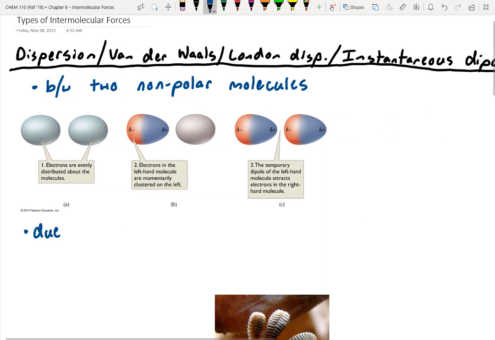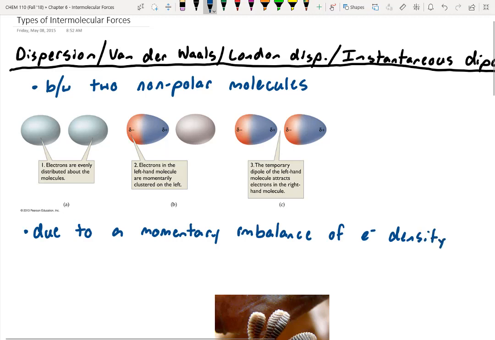It's due to a momentary imbalance of electron density. Typically, this interaction is thought of as weak. Because it happens so quickly and breaks apart so fast, the interaction is pretty short-lived. But I'm going to put weak into quotes here because this really, really depends.